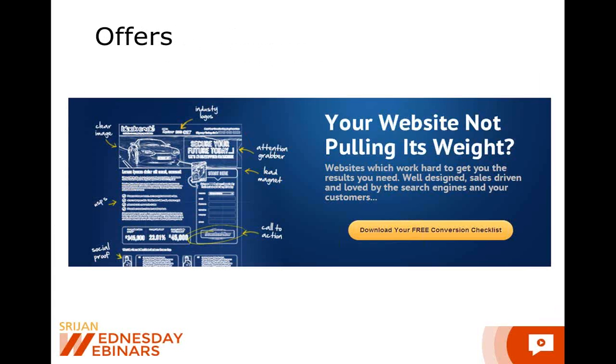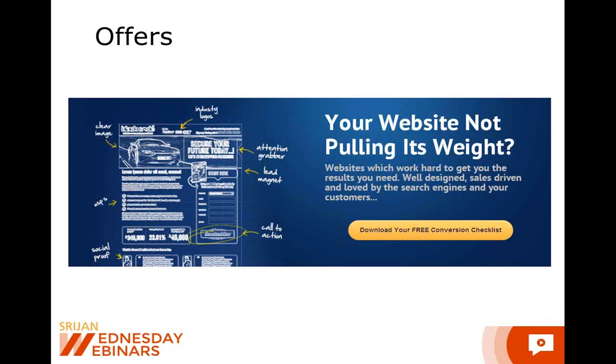So the offer and the quality of the offer is very important and fundamental in converting the visitor into a lead. So if you don't have offers, you should go and build some. If you cannot build offers, you can potentially buy offers. There are a lot of companies out there who sell reports where you can put your own logo and stuff.